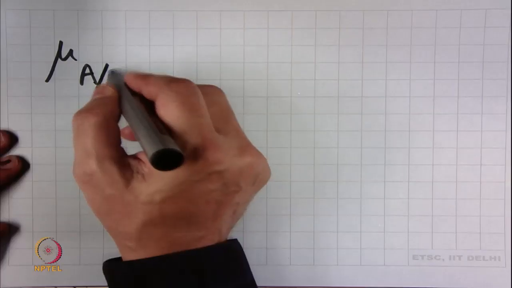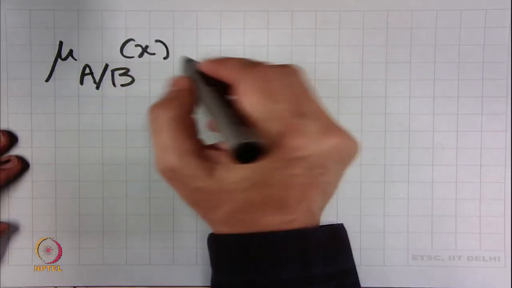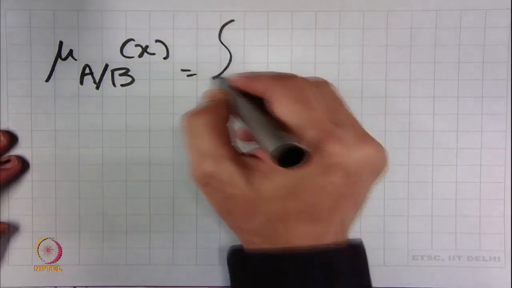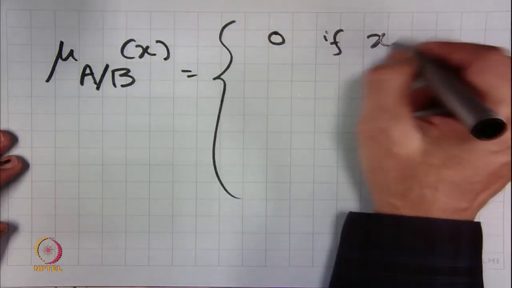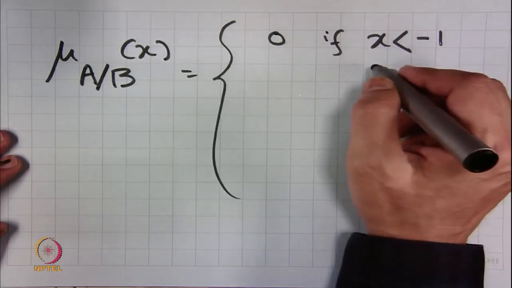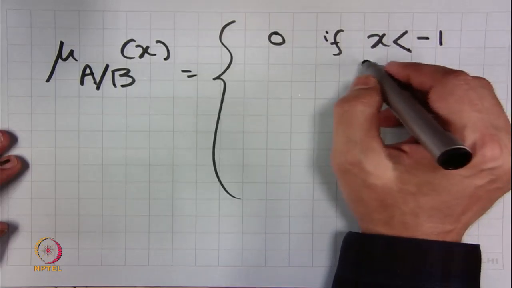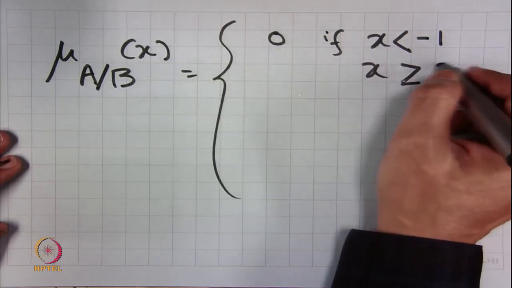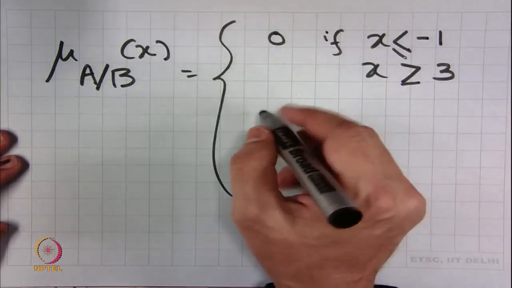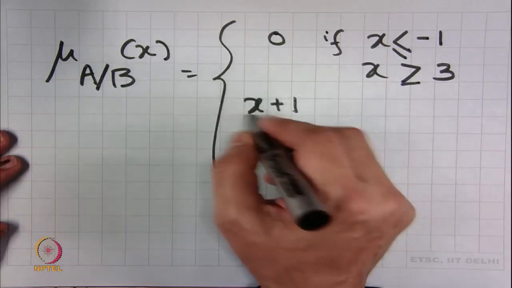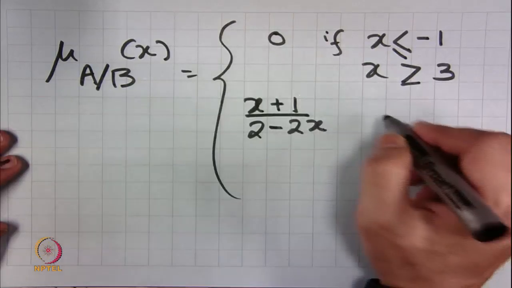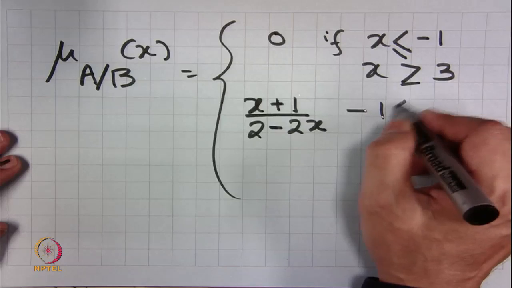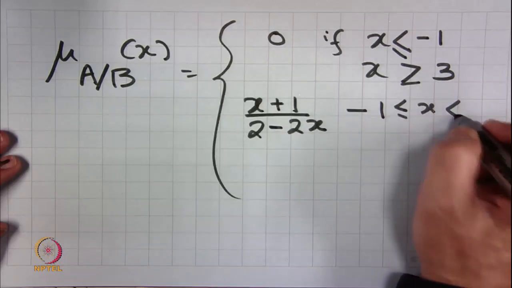The membership function mu A by B of x is going to be something like this. It is 0 if x is less than minus 1 and x is greater than or equal to 3. It is x plus 1 upon 2 minus 2x for minus 1 less than or equal to x less than 0.